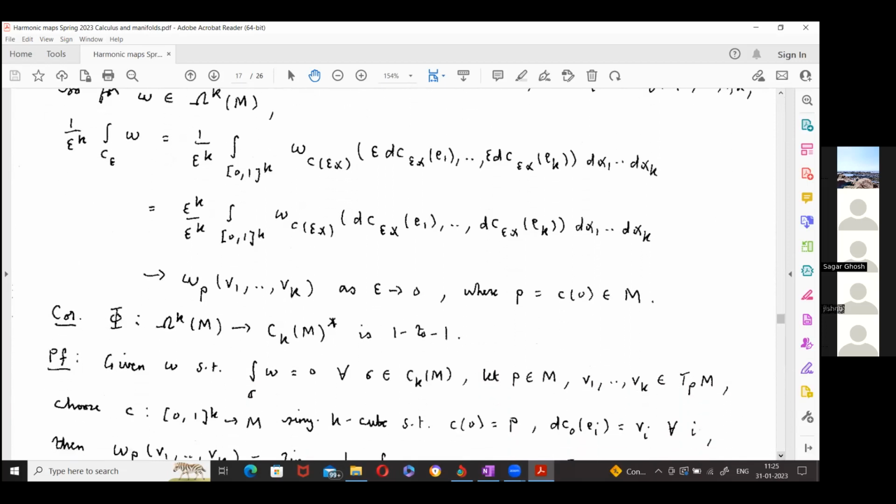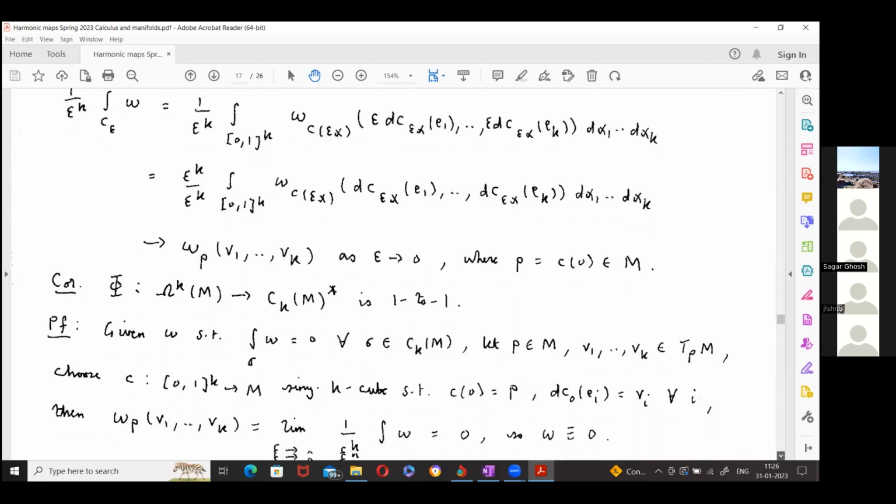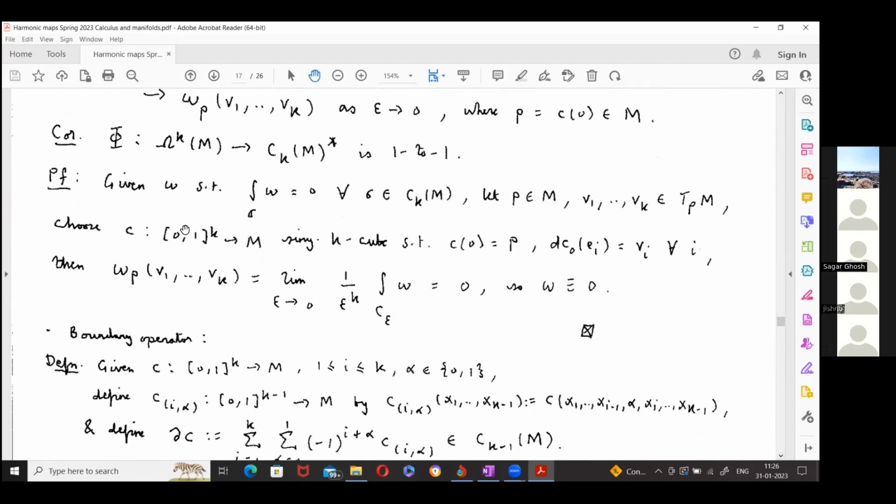So from this, it follows easily that this linear map from k forms to k cochains is 1 to 1. Because if omega is a k form whose integral over every k chain is 0, then its integral over every k cube is 0. So if I take any point P and tangent vectors V1 to Vk at P, then we can always choose a k cube C so that C0 is P and DC0 of EI is VI.